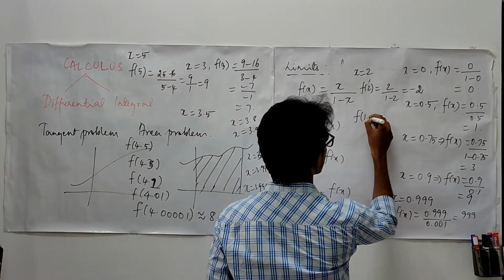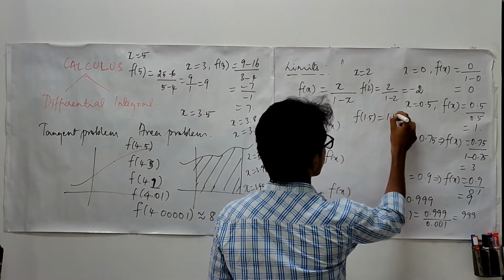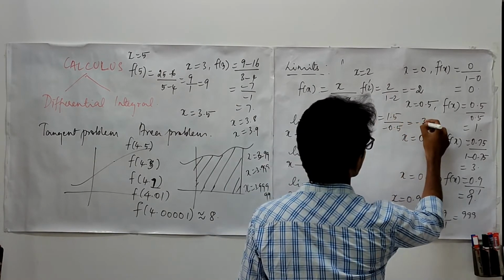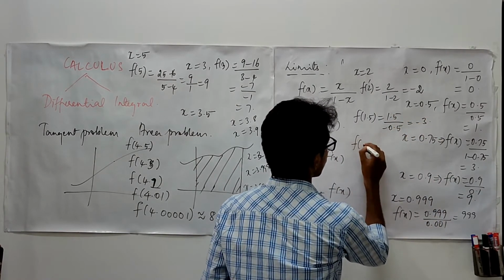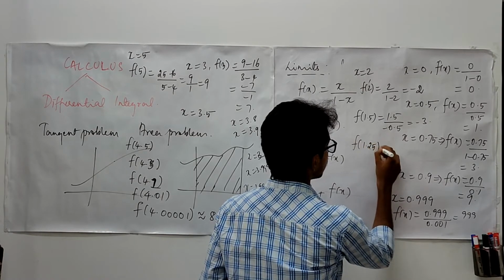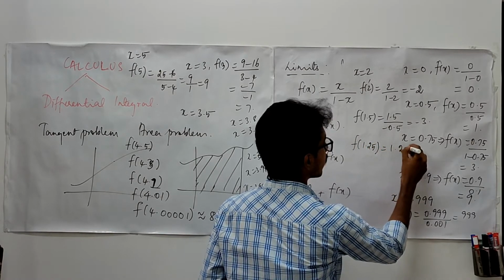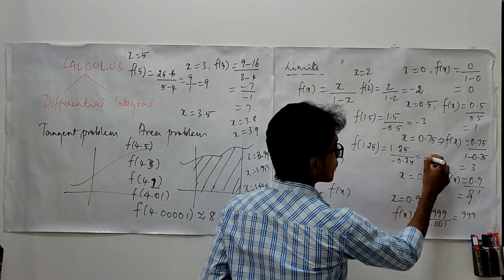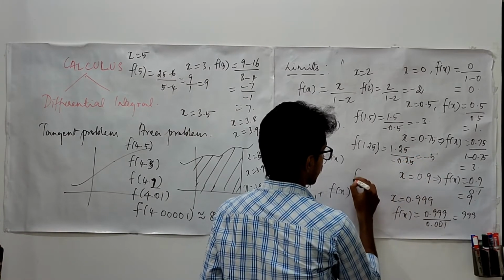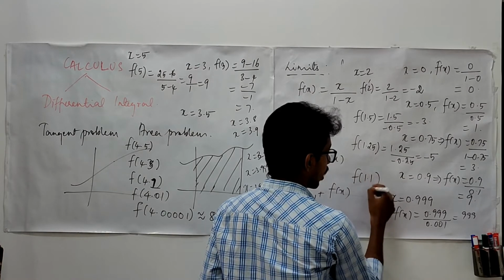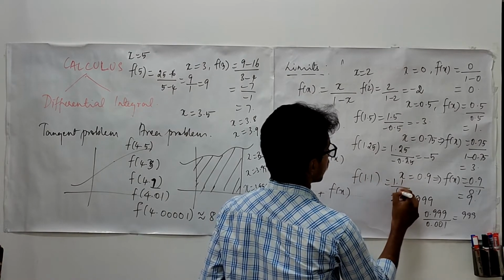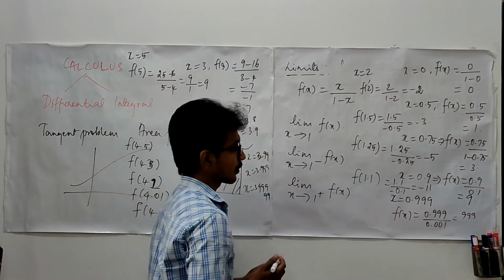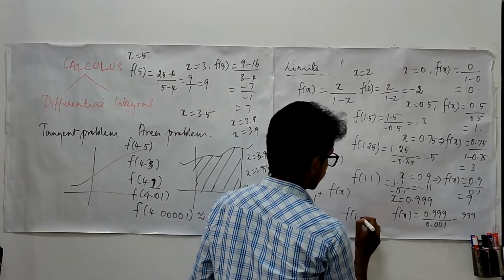When x is 1.5, it is 1.5 upon minus 0.5, so it is going to be minus 3. f of 1.25 means 1.25 upon minus 0.25, it is going to be minus 5. f of 1.1 in the sense 1.1 upon minus 0.1, so it is going to be minus 11. Here, make this value even smaller.